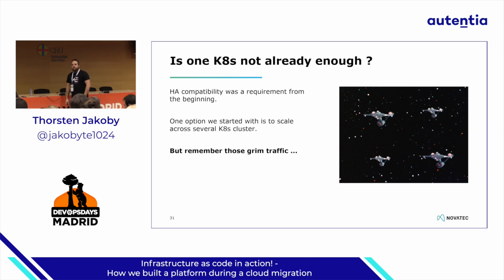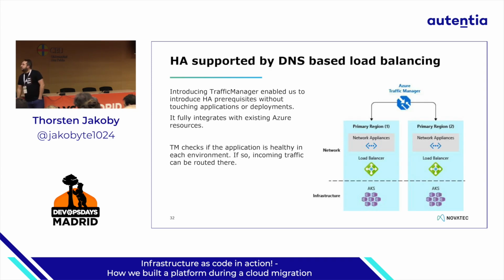And if we remember our experience with the traffic from the cars and the dealers, we have been, let's call it afraid. We introduced DNS-based load balancing using Traffic Manager. Traffic Manager enables some rules. One rule is based on your geography.